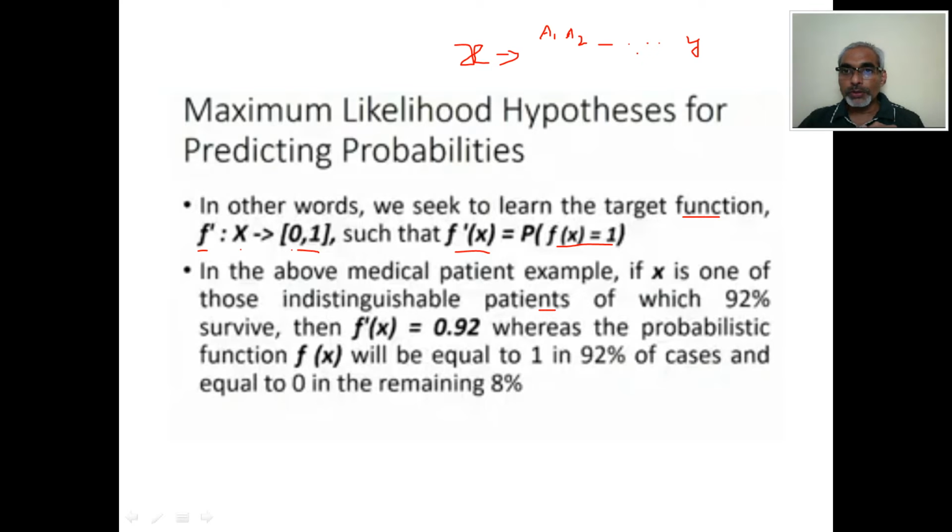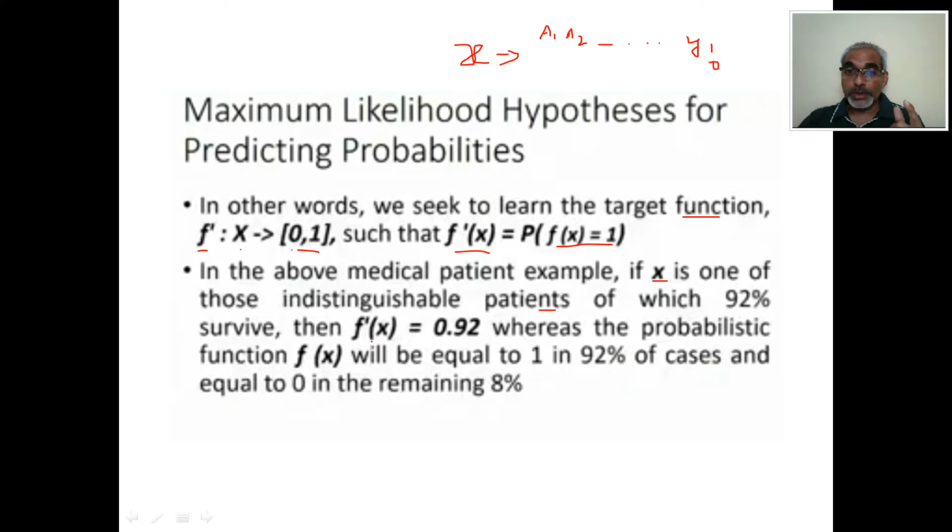Based on these symptoms for this patient, it can be either 1 or 0. 1 means he survives, 0 means he is not going to survive. Now if you take one particular instance x, we are saying 92% survives.